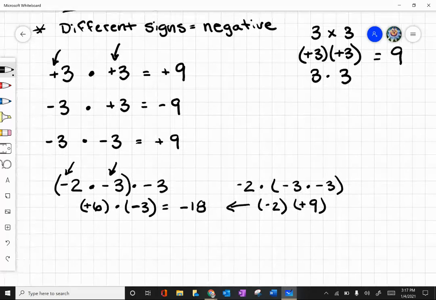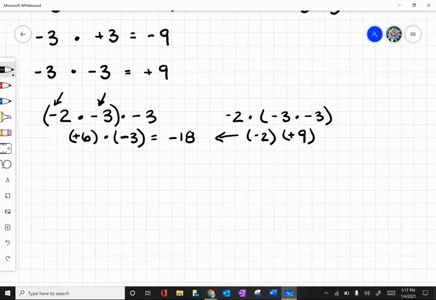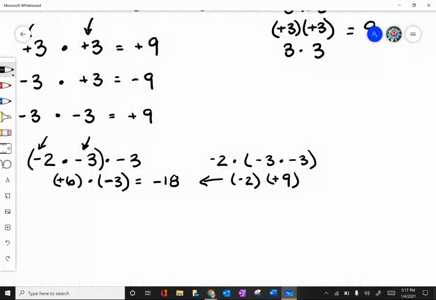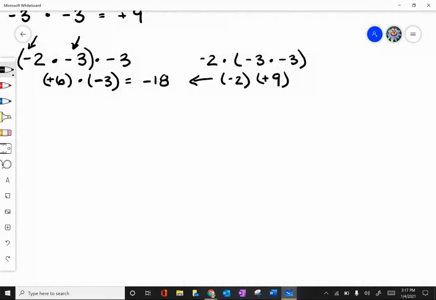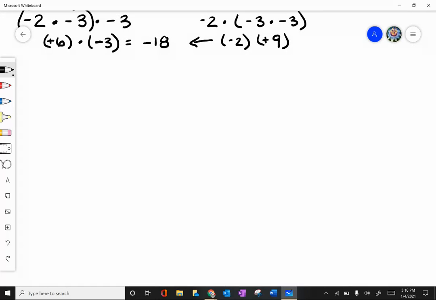This is the same way with division. So I'm going to write our division problems using the fraction bar, since fractions are basically division. Let's start with an easy one like 2 divided by 4.